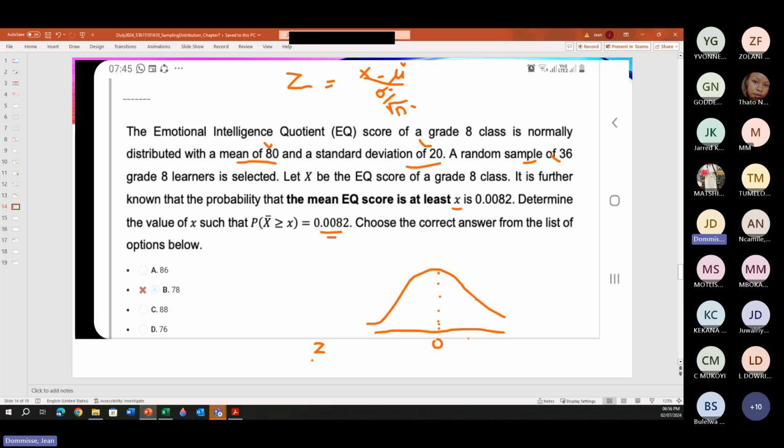There is a z value that we don't get, but what we do get is that probability, 0,0082.